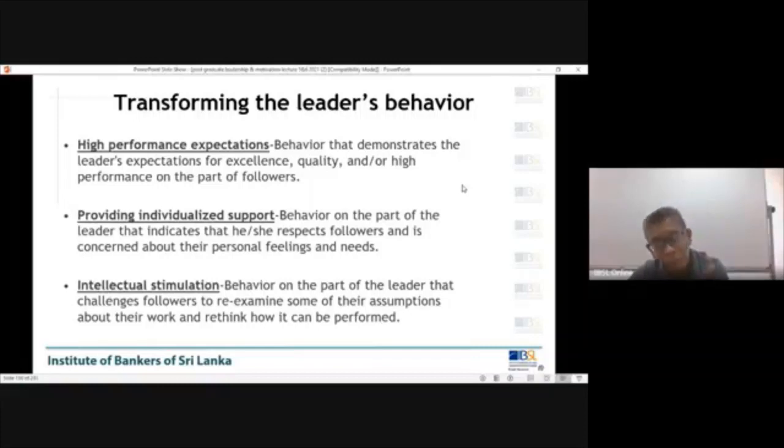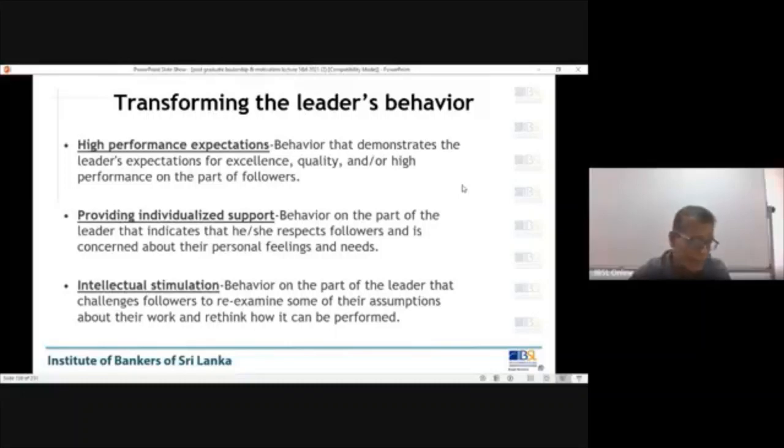Now, the new leadership style also looks at it. Some of the important things identified by the previous theorists are incorporated into this leadership style.